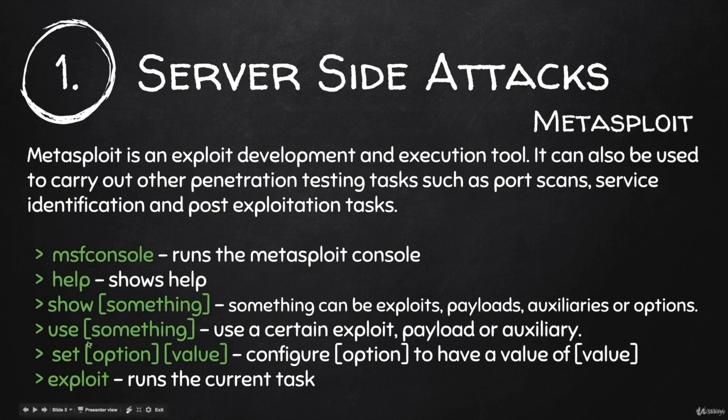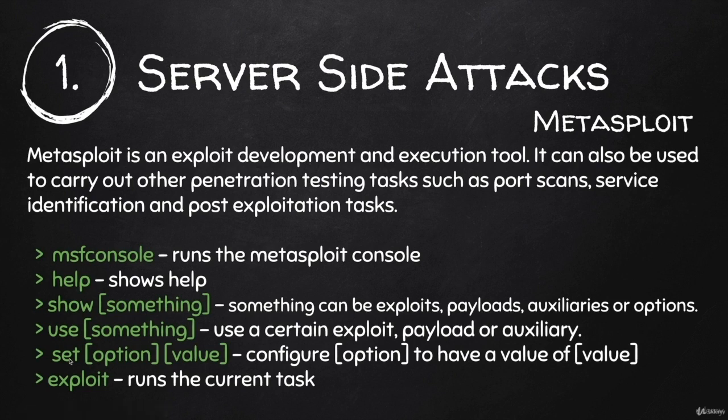You can use the use command to use something that you've shown. For example, you showed exploits and you picked a certain exploit that you want to use. Then you use the use command and type in the exploit name to run it. Then you can use the set command to set specific options for the exploit.